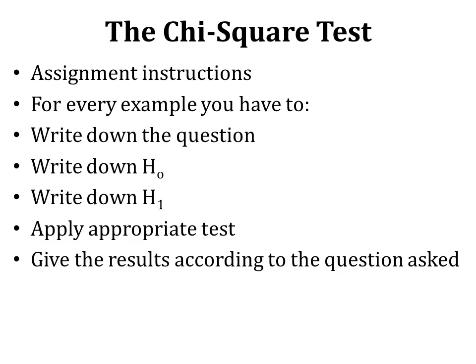Similarly, that will also be applicable in your exams as well, not just in the assignment. If you are given a question which involves the chi-square test or any other statistical analysis, you have to give your result statement. The result statement will have its own separate marks. Even if you have done exact calculations, very fine calculations, and your answer is exactly what it should be, still you're not going to get the full marks.